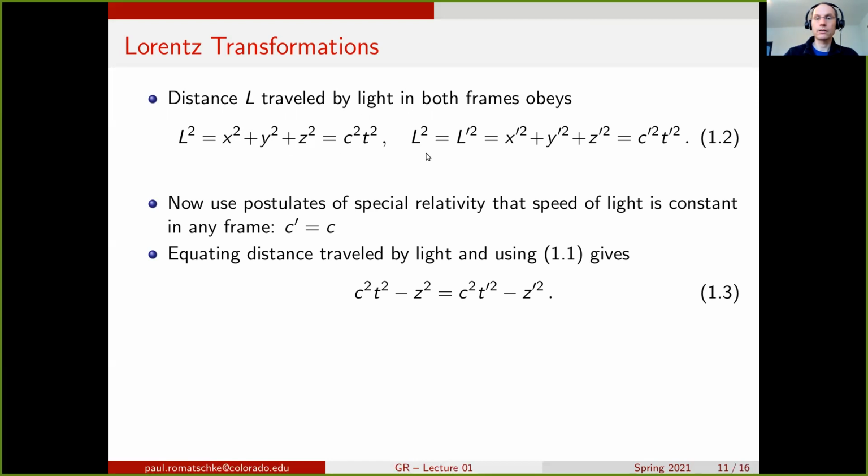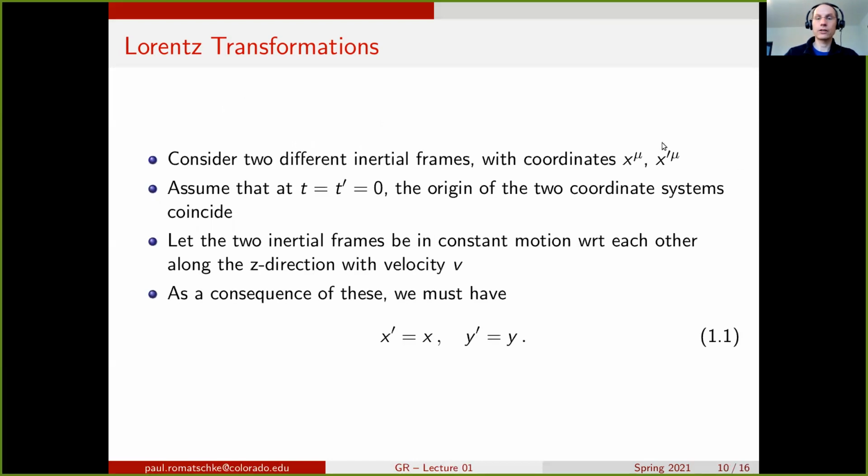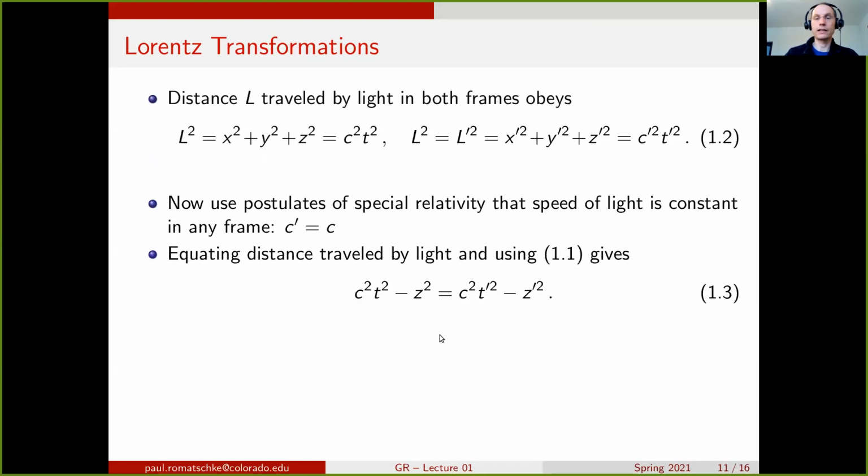The equation that we have then gives us an equation that relates the unprimed coordinates and the primed coordinates. If we, in addition, use the relation that the x and y coordinates are unchanged, so they're the same in the primed and the unprimed frame, then we have a relation that just relates the time and z coordinates in the unprimed and primed coordinate system.